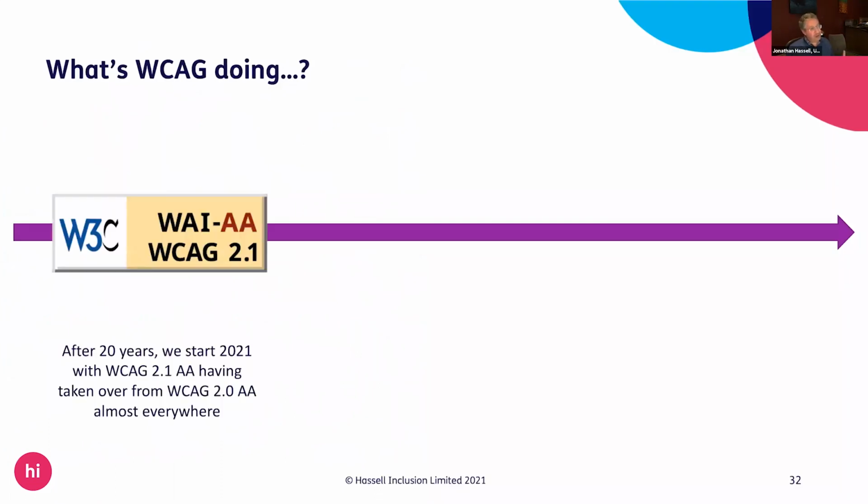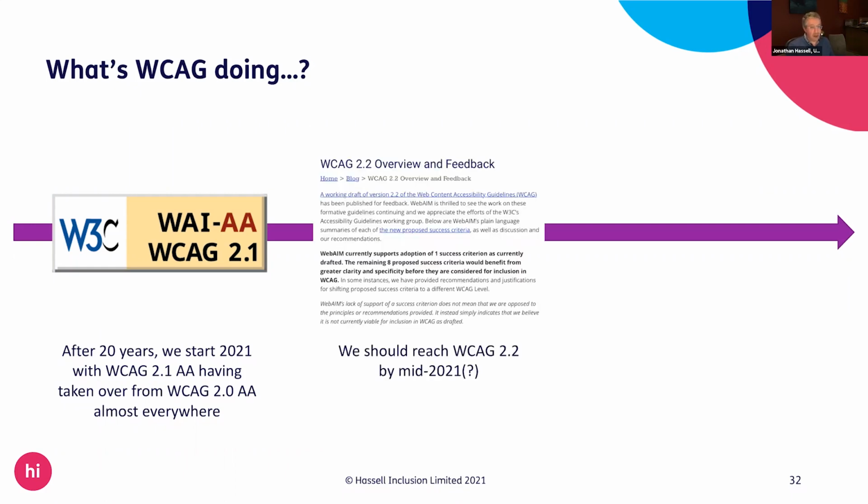Well, we've had about 20 years of WCAG now, WCAG 1.0, WCAG 2.0, and after 20 years, we finally got to the place where most people are going with 2.1 AA. It's not a bad set of standards if you are creating websites for desktop and mobile. But lots of change is coming.